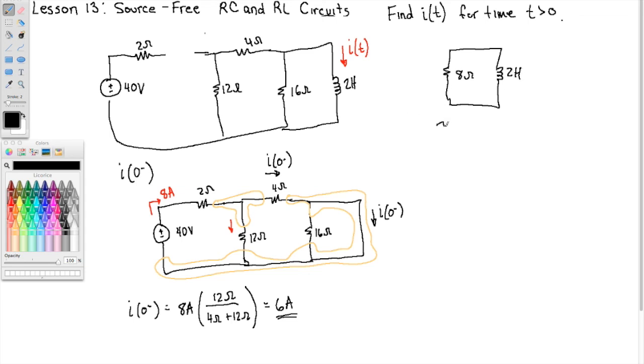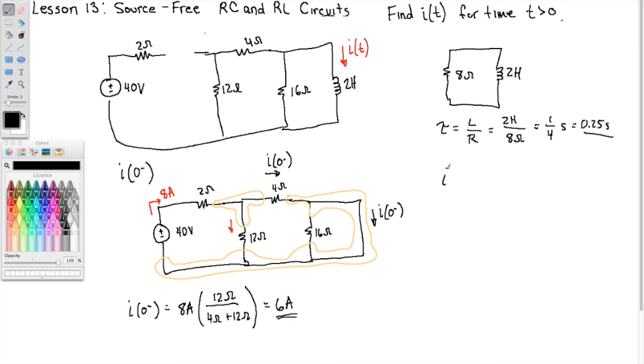So the time constant clearly is L over R. That's 2 Henry over 8 ohms, so that's 1/4 seconds. I'll write it in decimal form, 0.25 seconds. So we have the initial value and we have the time constant.